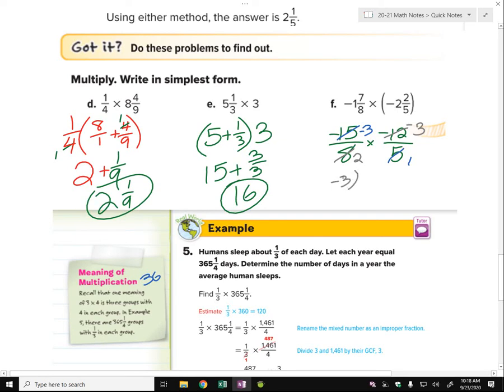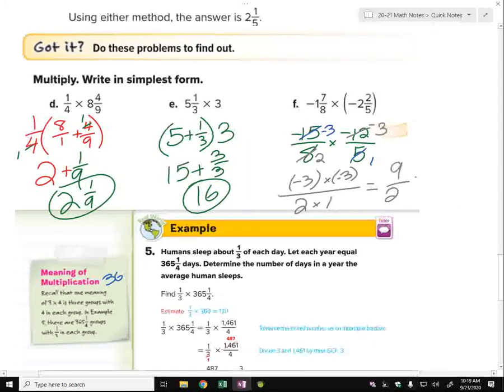Negative 3 times negative 3 over 2 times 1. I have a negative times a negative, so it's going to be a positive 9 over 2, which simplifies to 4.5. Positive 4.5.